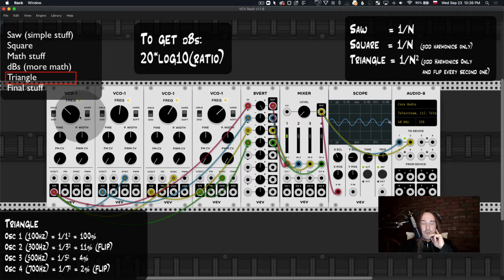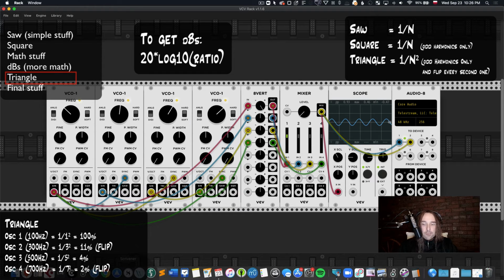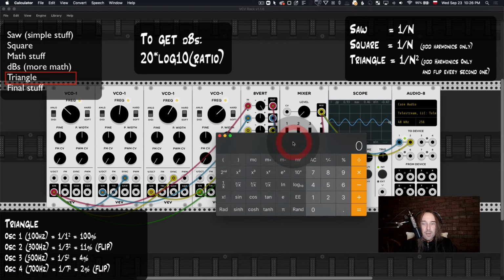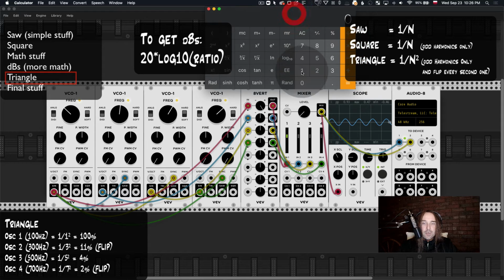So this is our fundamental frequency. Now, in order to calculate the amplitude, or ratio, of the second one, you need to divide 1 by 3. I don't need a calculator for it, but I think it might be easier just to see what I'm doing. So 1 divided by 3, we're talking about this oscillator, sorry, actually 1 divided by 3 to the power of 2, right?